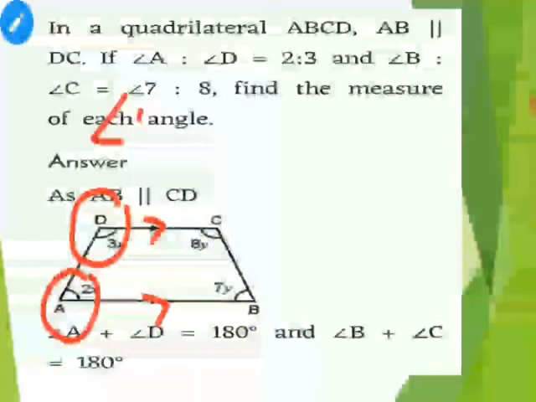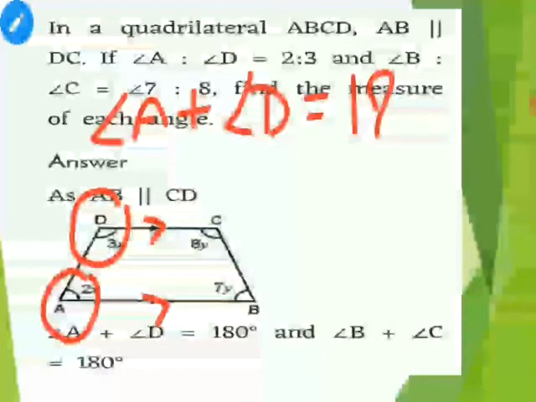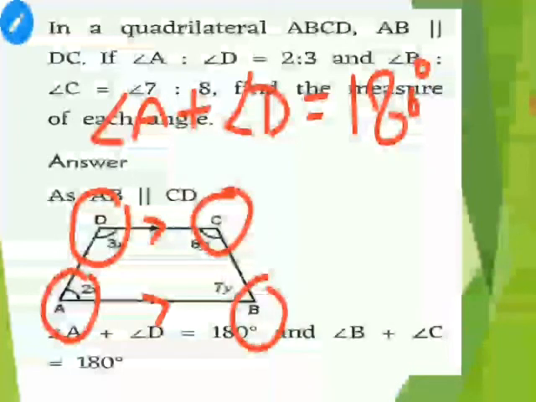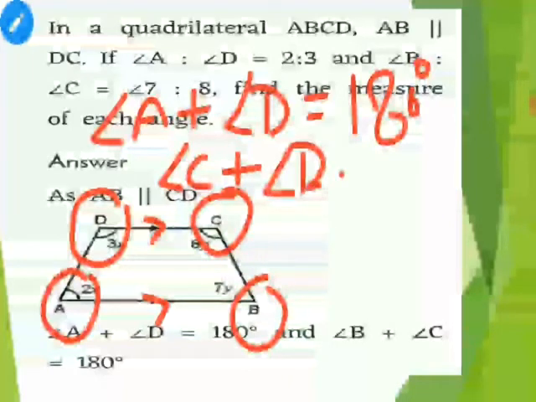That means angle A plus angle D will be equal to 180 degrees. And similarly, angle C plus angle B will also be equal to 180 degrees. So using this we will calculate the value of x, and then we will calculate the value of the angles. So let's do the question now.